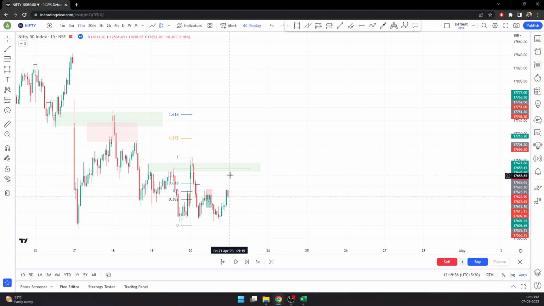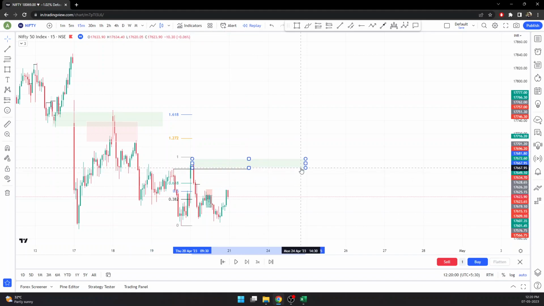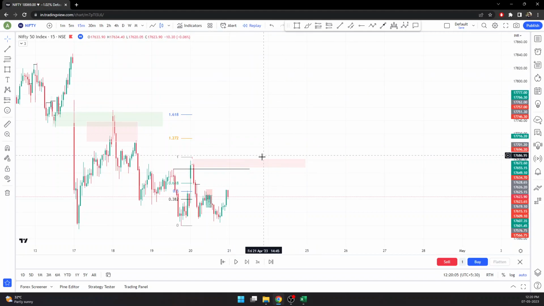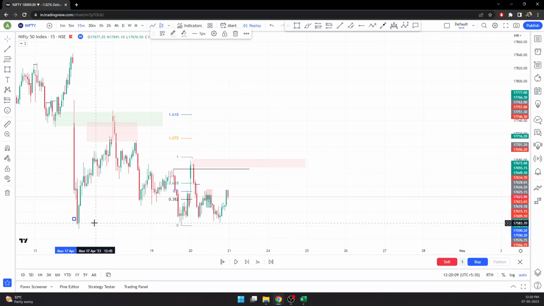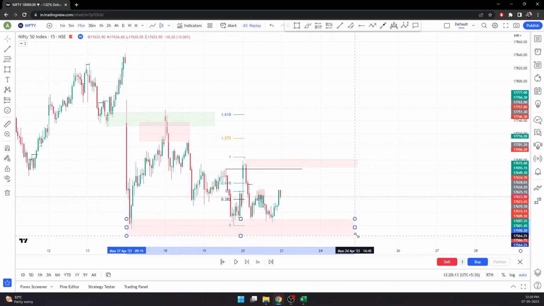So for us, this is the seller zone, and this is the demand zone. So this is the new range for us now.